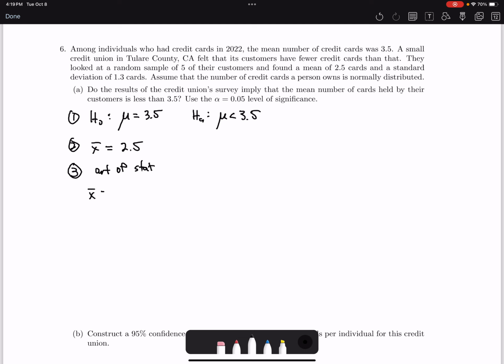We'll put in a sample mean of 2.5, a sample standard deviation of 1.3, and this is a random sample of 5 customers, so we'll put in a sample size of 5. That's not a very large sample size, so we might not reject the null hypothesis here, only because this is such a small sample size. Wow, I can't believe that sample size is so small. Let's see what we get.